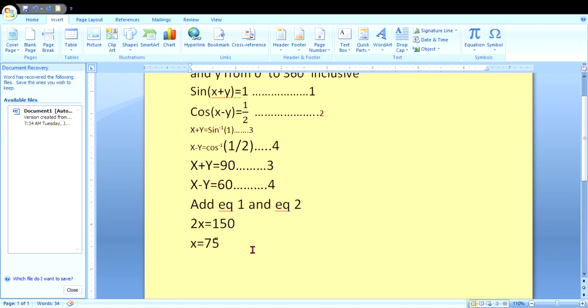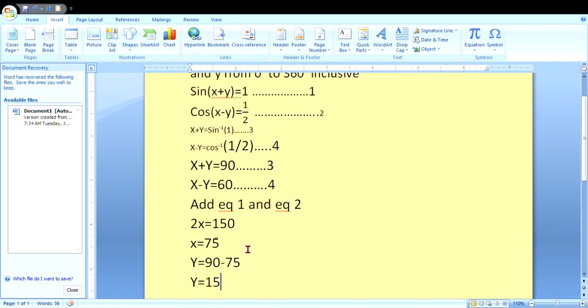Now having obtained the value of x, we can easily use either of the equations to obtain the value of y. So from equation 3, we can express y. y is equal to 90 minus 75, so the value of y is equal to 15.